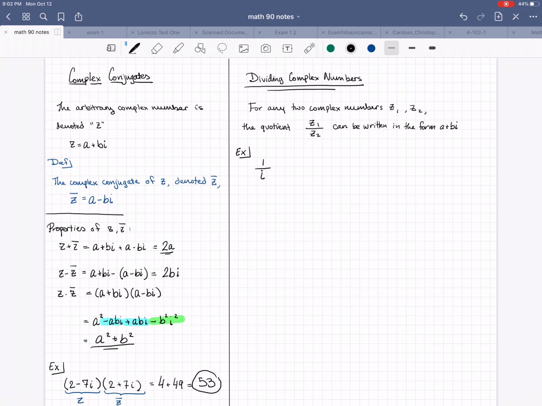So if I could just take that i in the denominator and multiply it by i, well, then I have i squared in the denominator, which is -1, and we're really comfortable with dividing things by -1. So I'm going to go ahead and do that.